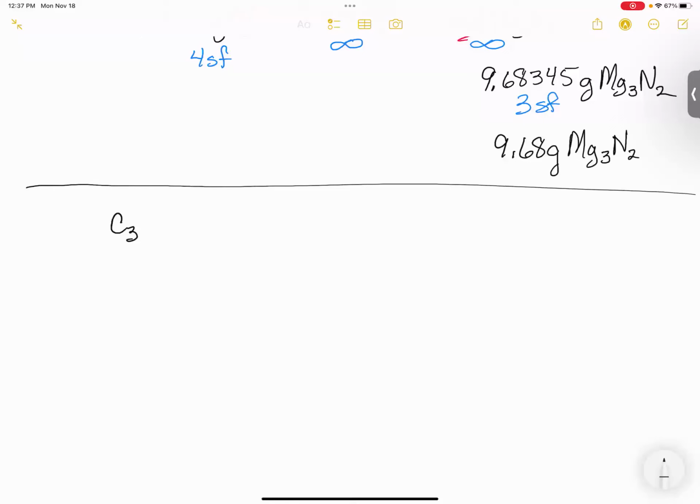C3H8 plus 5O2 goes to make 4H2O plus 3CO2. Out of curiosity, anybody remember the term to describe this reaction?